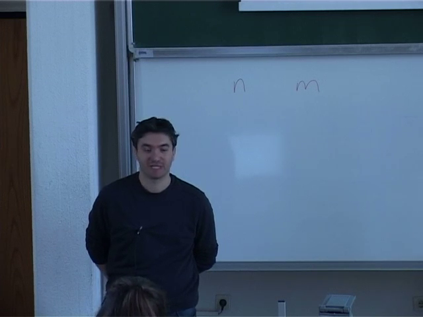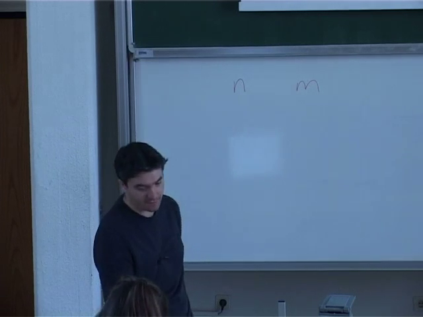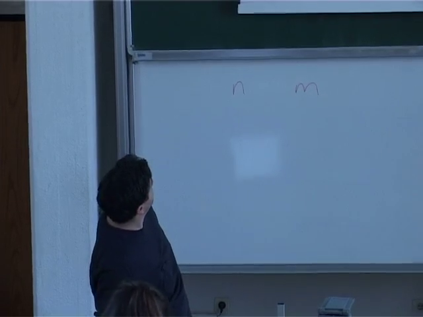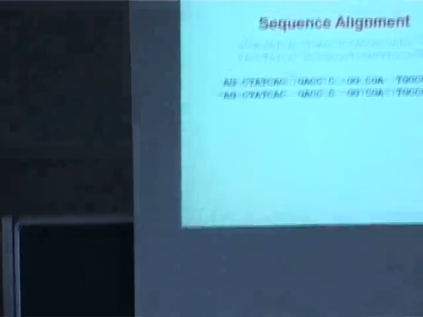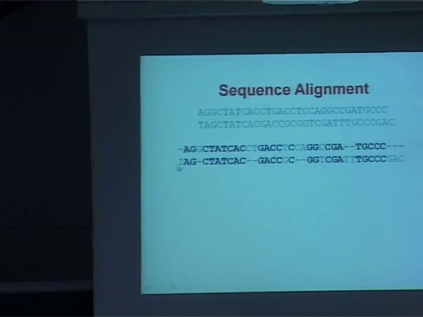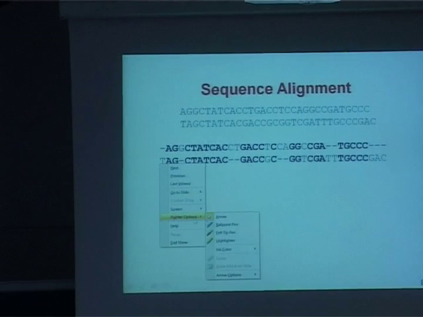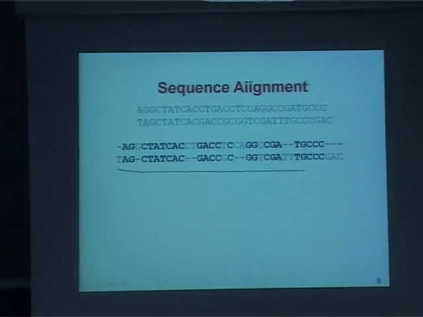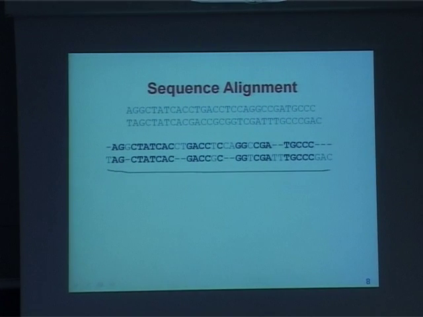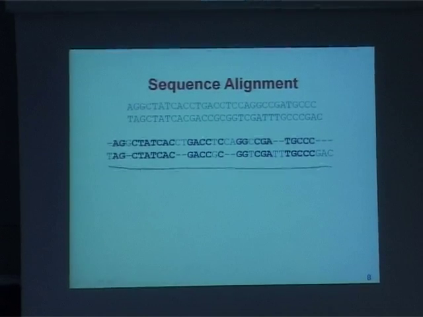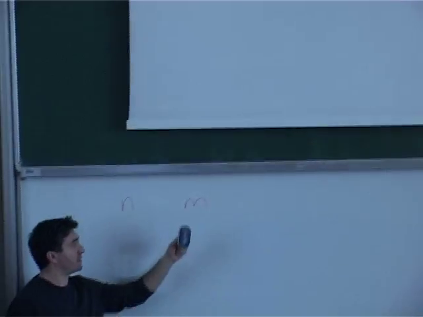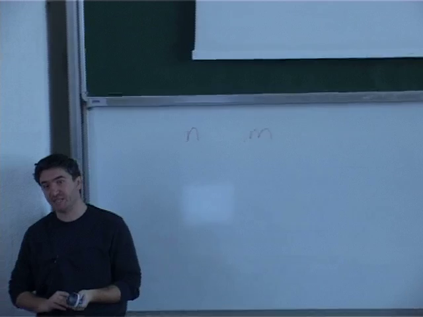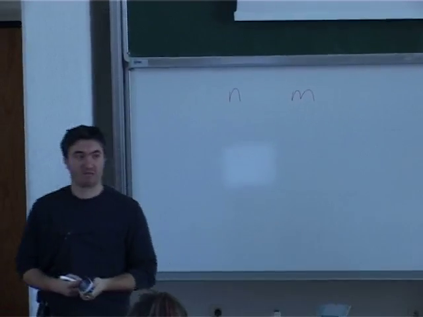The length of the alignment here is, for example, what is it? 1, 2, 3. I'm not going to count it, but the length of the alignment is from here to here. If you count the characters from here to here, that's the length of the alignment. So if you have a DNA sequence of n base pairs and another DNA sequence with m base pairs, what is the maximum length of the alignment?